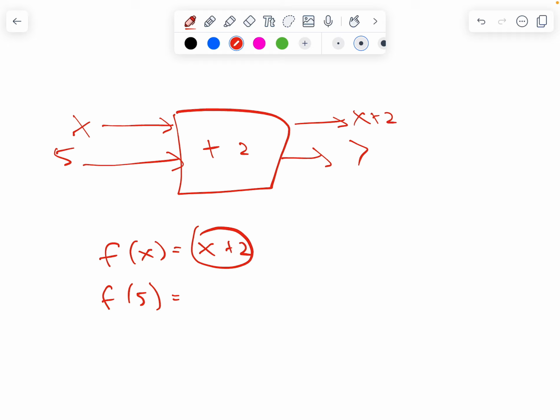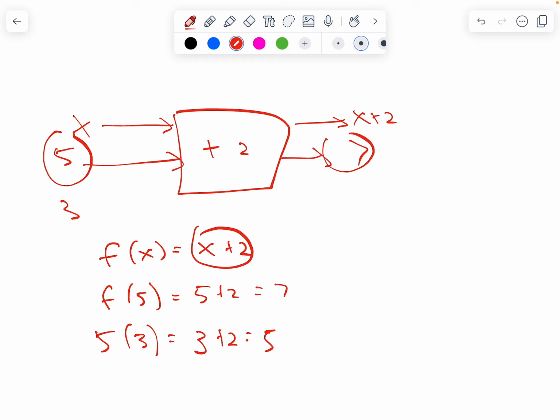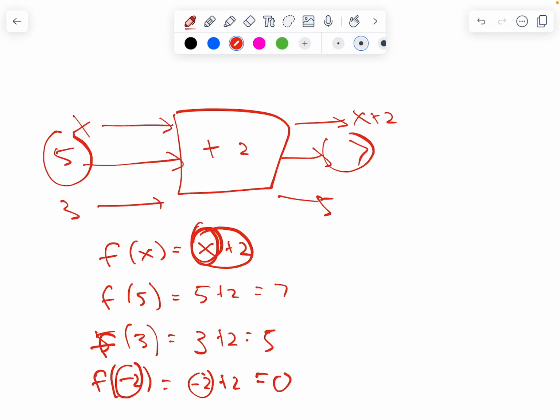So x plus 2 comes out. So if I put in 5, 5 plus 2 is going to give me 7. 5 gives me 7. If I say f of 3, 3 goes in and 5 goes out. If I say f of -2, then I do -2 plus 2. I'm replacing this letter x with this thing, and I get 0.